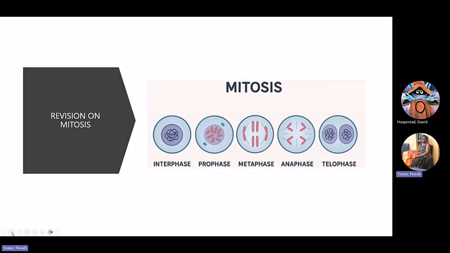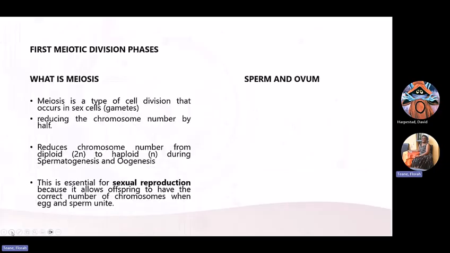In the anaphase, these chromosomes, which are made up of chromatids, the chromatids are being separated, being drawn towards the poles, and finally we have two daughter cells formed. I want us to remember this as we engage on the main topic, which is meiosis.